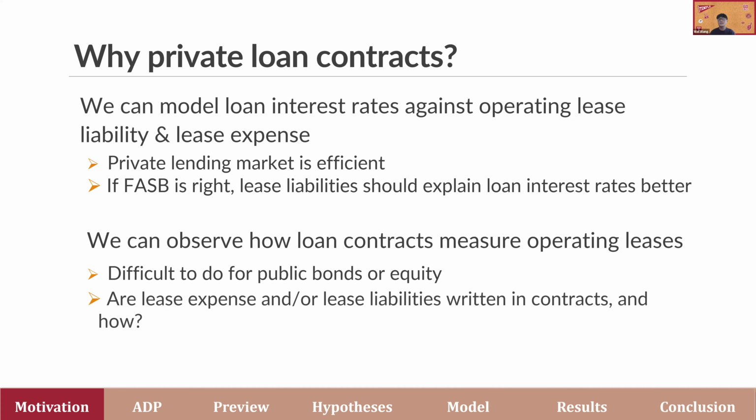And we can study how contracting parties go about defining and measuring operating leases when they write contracts. So, for example, if we see contracting parties consistently prefer, let's say, lease expense to lease liabilities when they write contracts, then we think this revealed preference by the lender suggests that lenders prefer one measure consistently over the other.